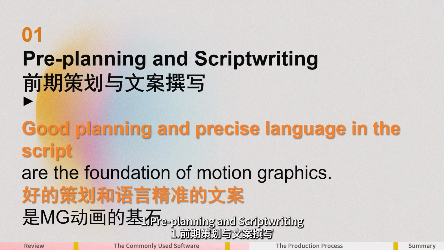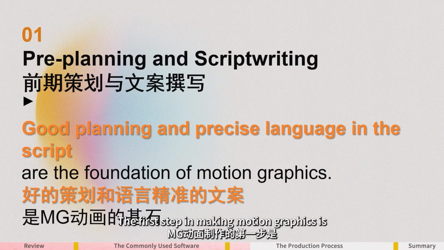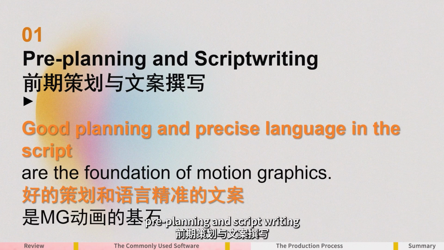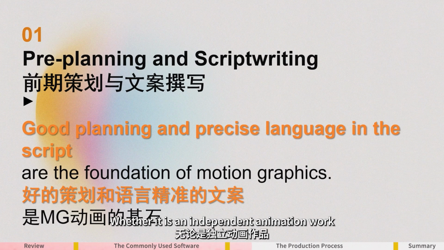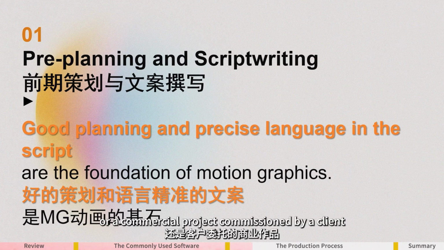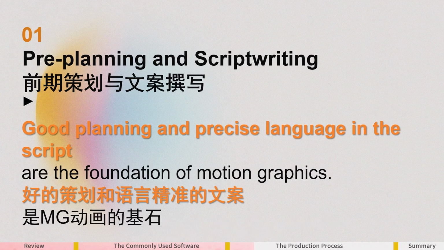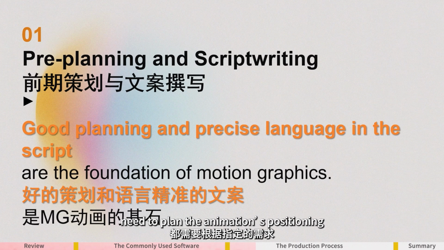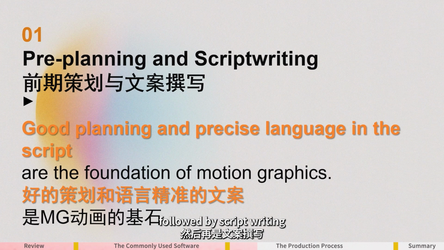Pre-planning and script writing. The first step in making motion graphics is pre-planning and script writing, whether it is an independent animation work or a commercial project commissioned by a client. Our designers or new media animators need to plan the animation's positioning based on the specified requirements, followed by script writing.